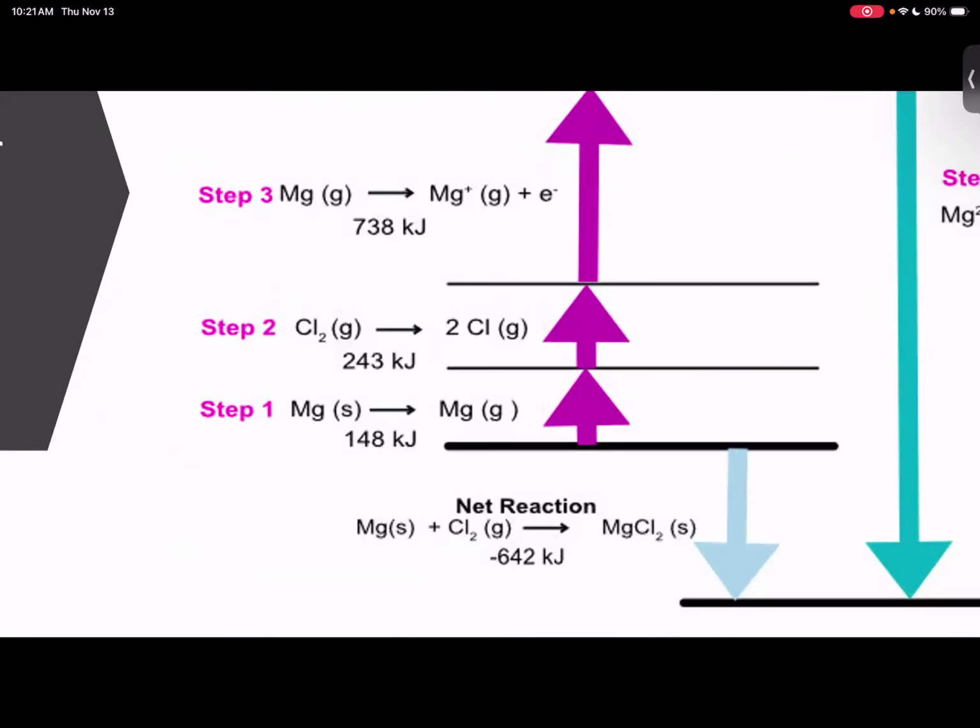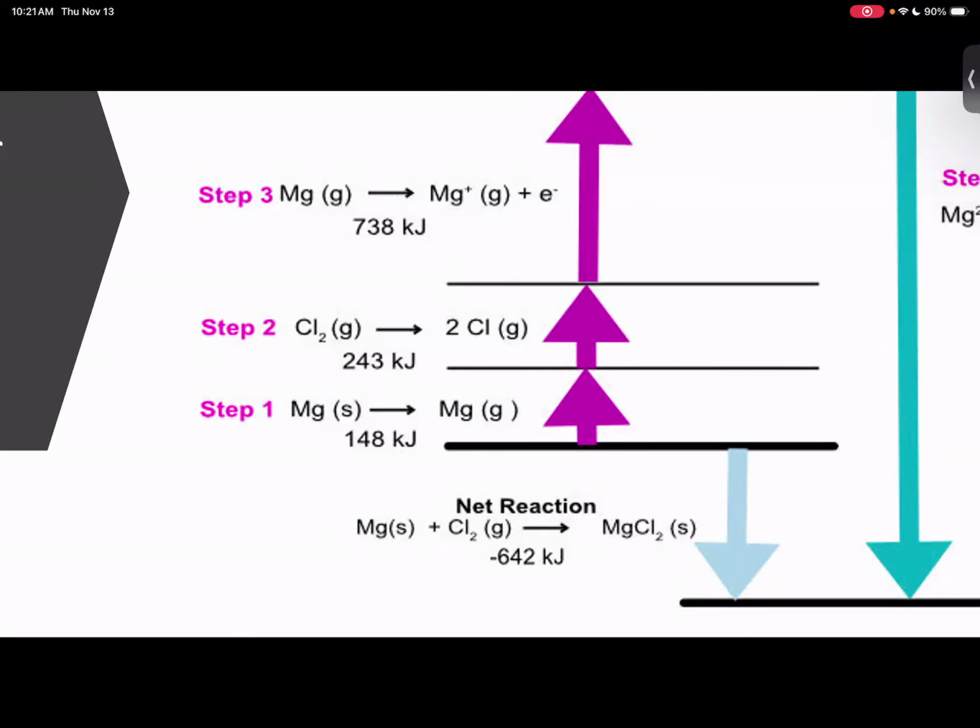Magnesium chloride. The net reaction for the formation of magnesium chloride is magnesium solid reacts with chlorine gas to form magnesium chloride. This is the enthalpy of formation, which is a negative 642 kilojoules. Now, there is more to the formation of magnesium chloride because first, yes, we are going to sublime our magnesium to go from magnesium solid to magnesium gas.